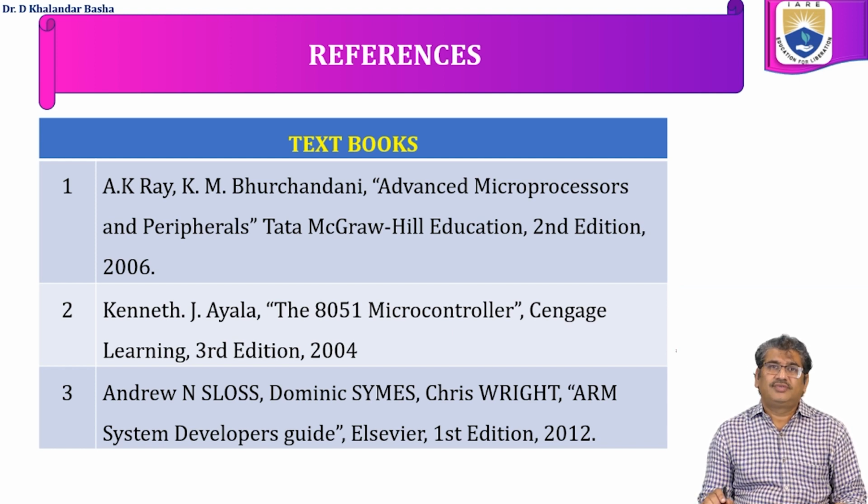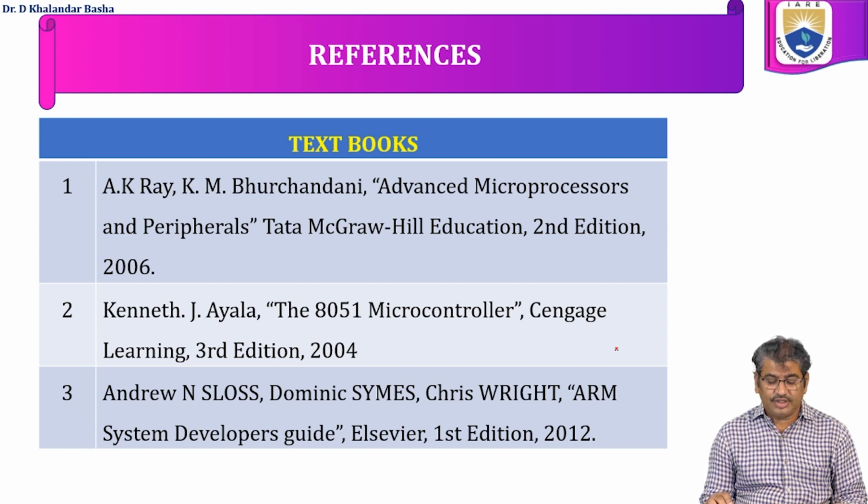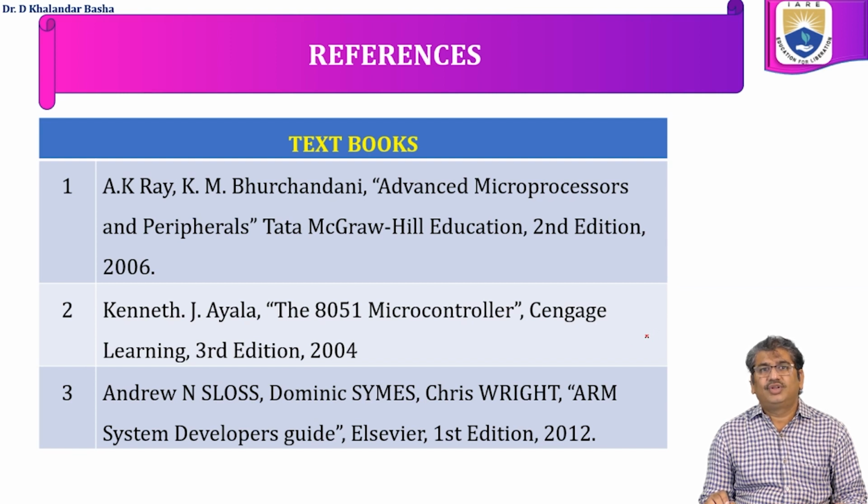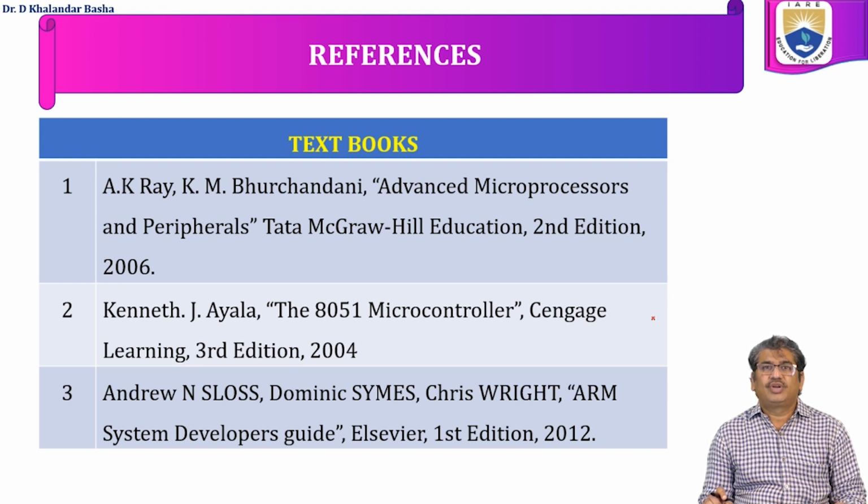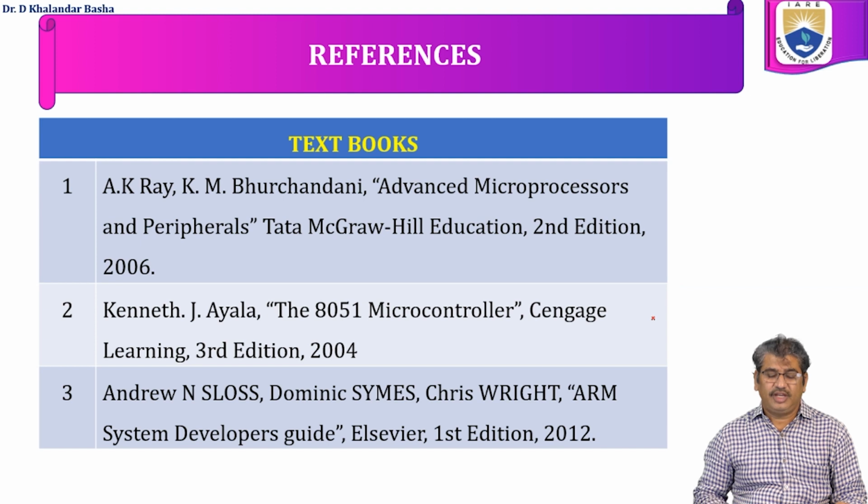The first book is preferable for the 8086 processor. The second textbook, The 8051 Microcontroller, is useful for learning 8051 architecture, programming and system design. And the last one is for the ARM processor. The first textbook we can use for the first 2 units, module 1 and module 2. The second textbook is used for learning module 3 and module 4, and module 5 we can learn from textbook 3.